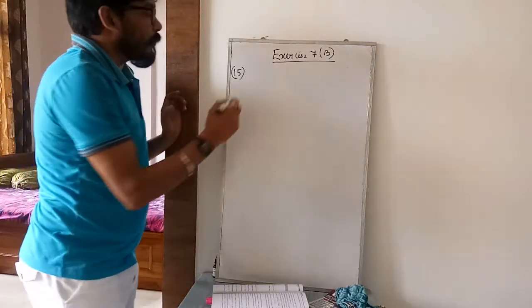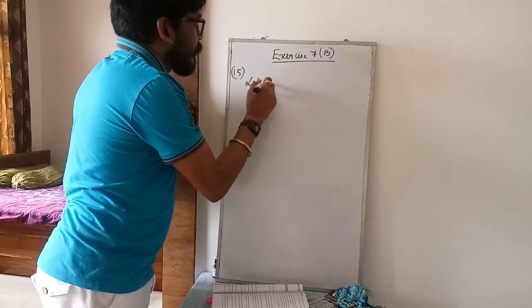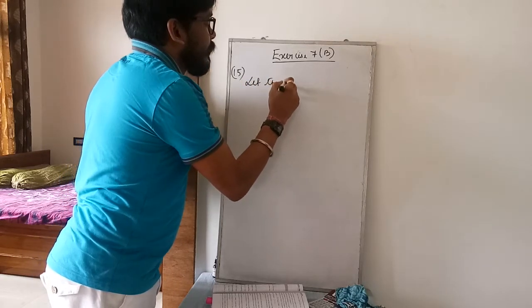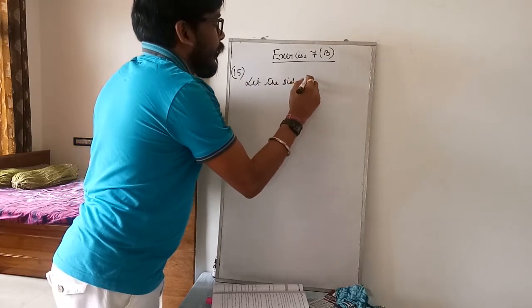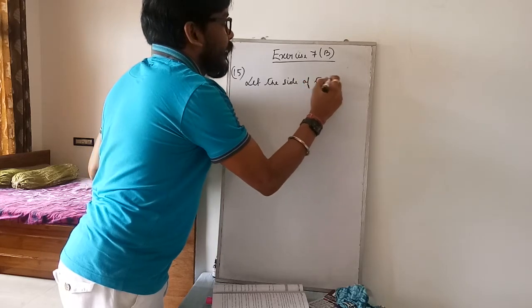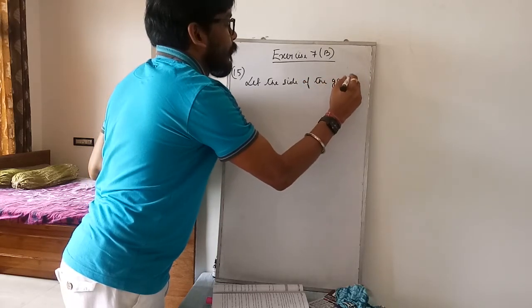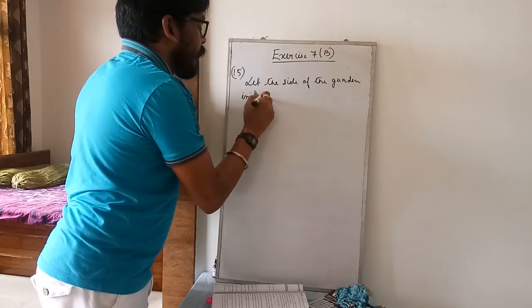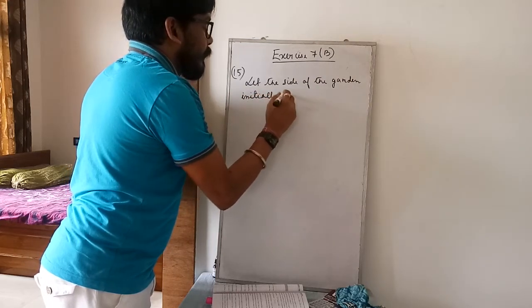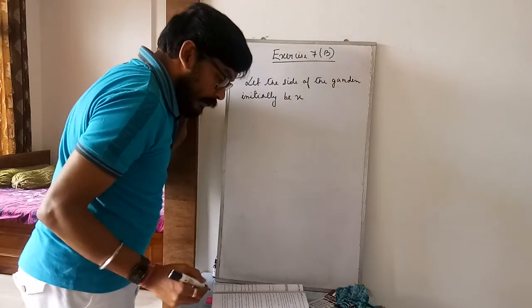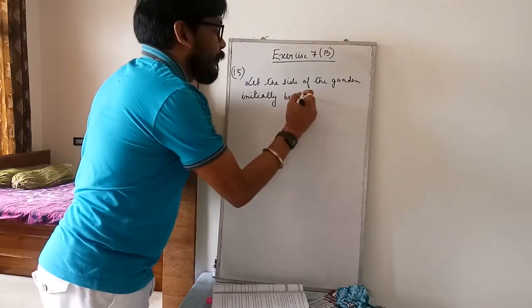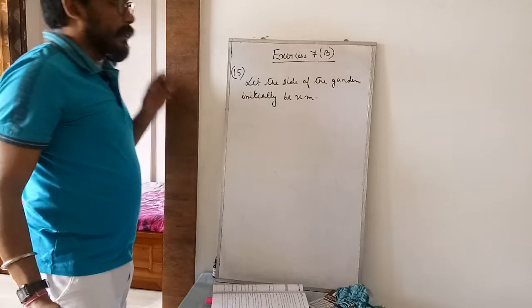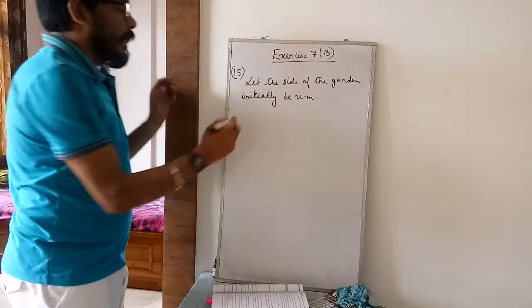So let the side of the garden initially be x meter.